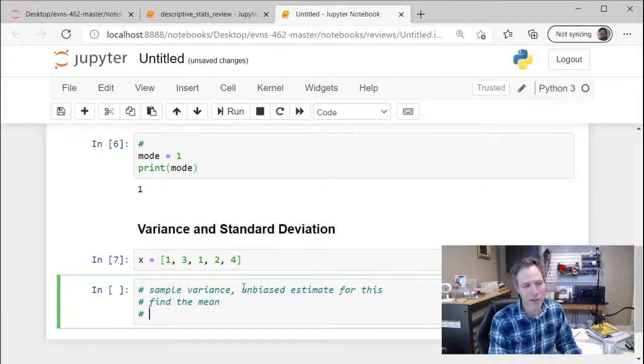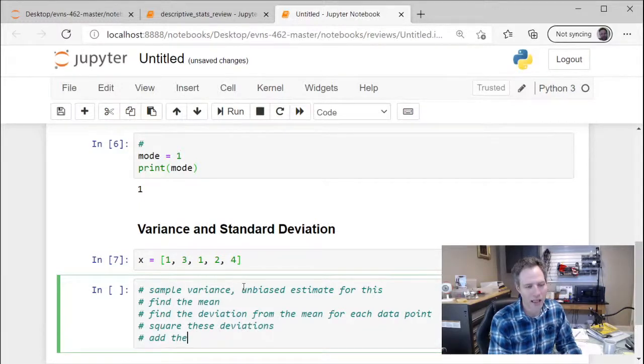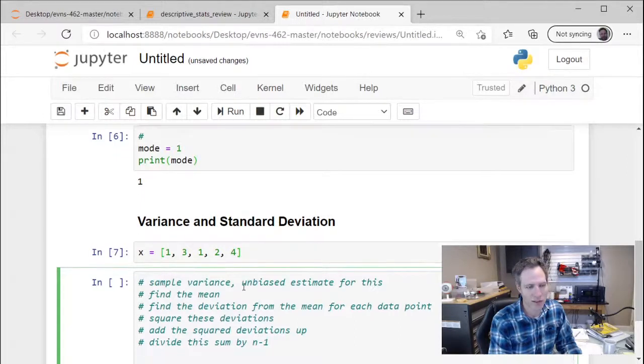The second step is for each data point, find the deviation from the mean. The next step is to square these deviations and then add the squared deviations up. And then the final step is divide the sum by n minus 1, where n is the number of data points.